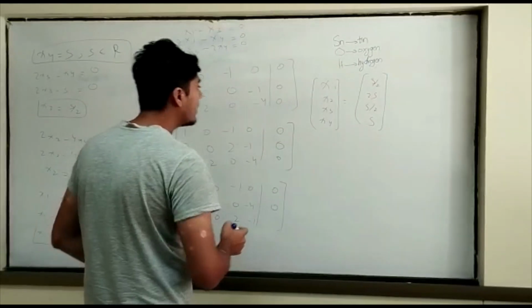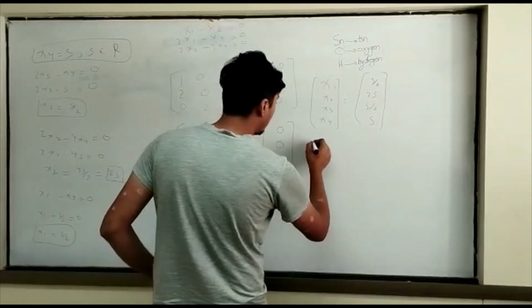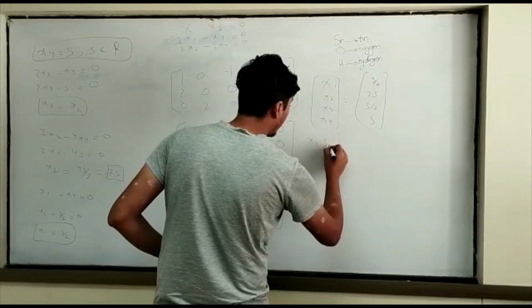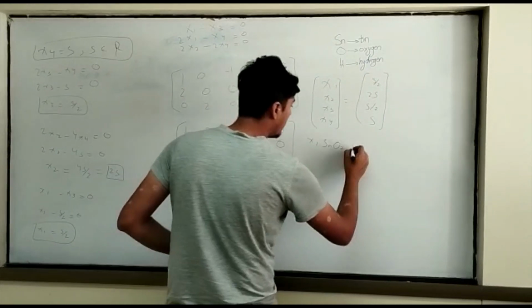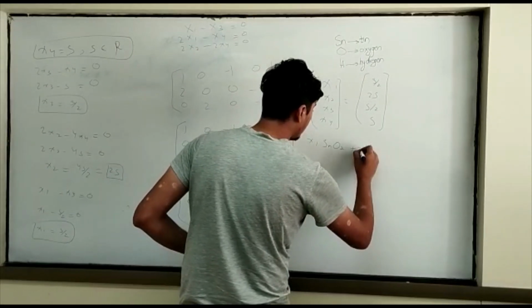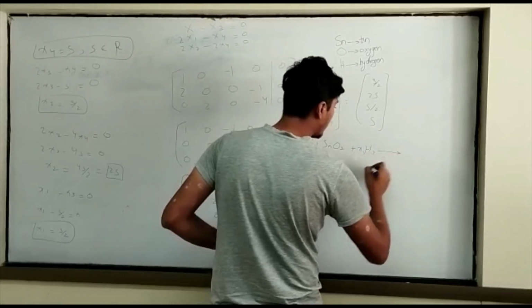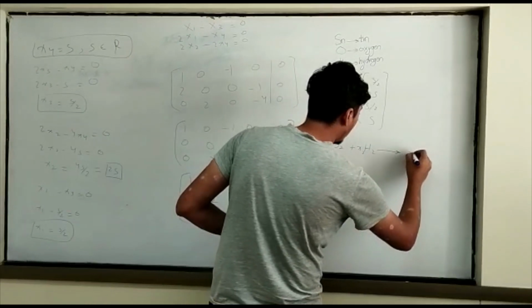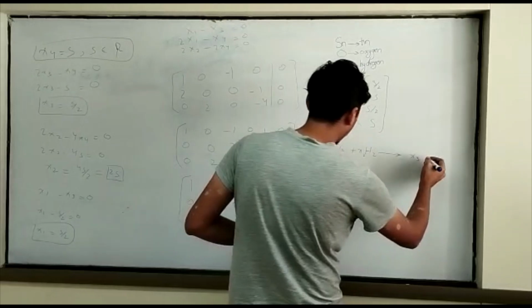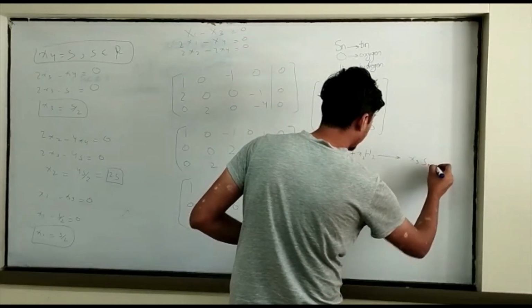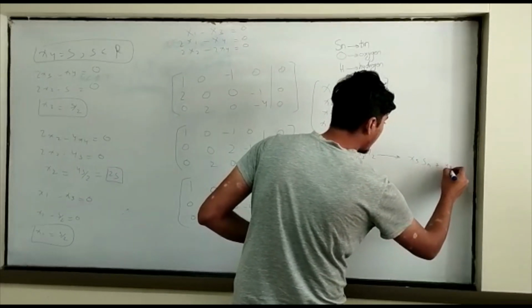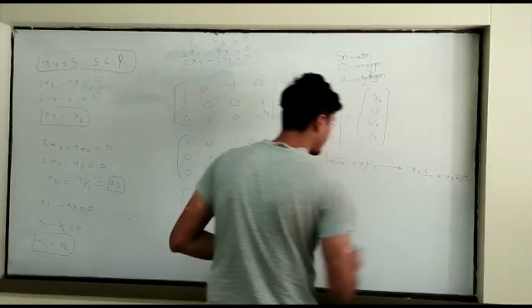Now we can plug this into the original equation, which was x1 SnO2 plus x2 H2 goes into x3 Sn plus x4 H2O.